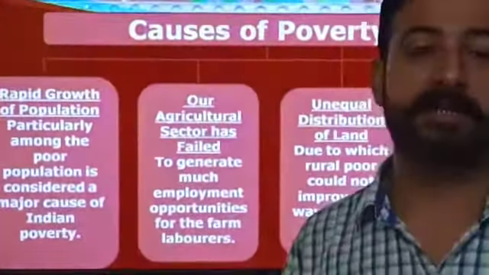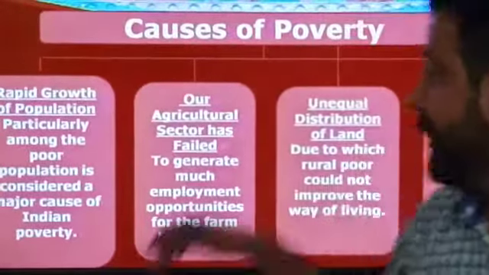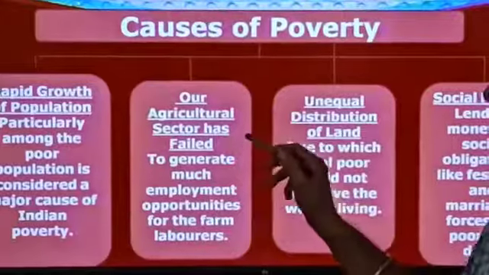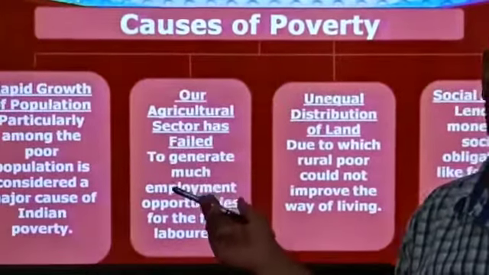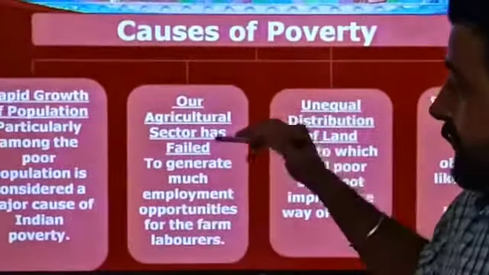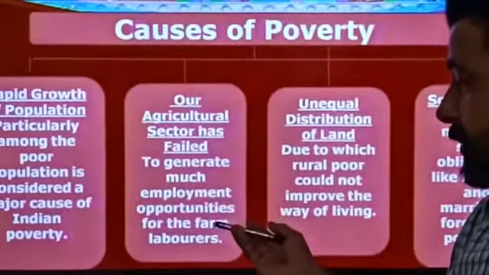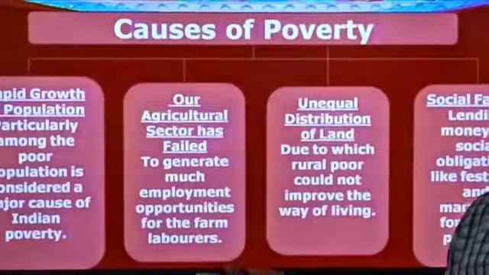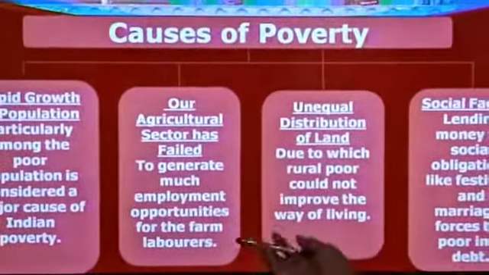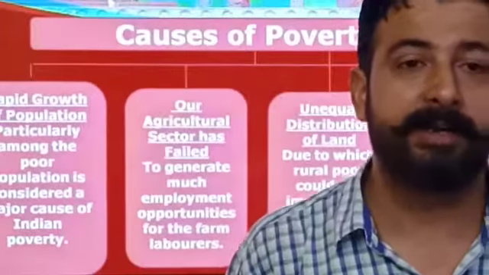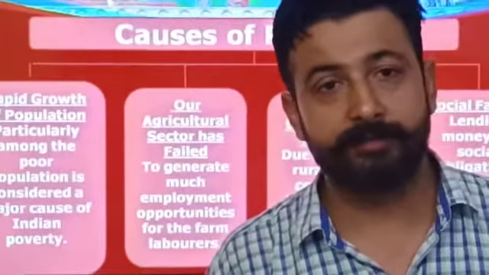Poverty is a consequence as well as a cause. The second point is that our agriculture sector has failed. It is a labor absorbing sector, but it has failed to generate much employment opportunity for the farm laborers. Because in this topic we have read about disguised unemployment. What is disguised unemployment? It's a hidden unemployment.